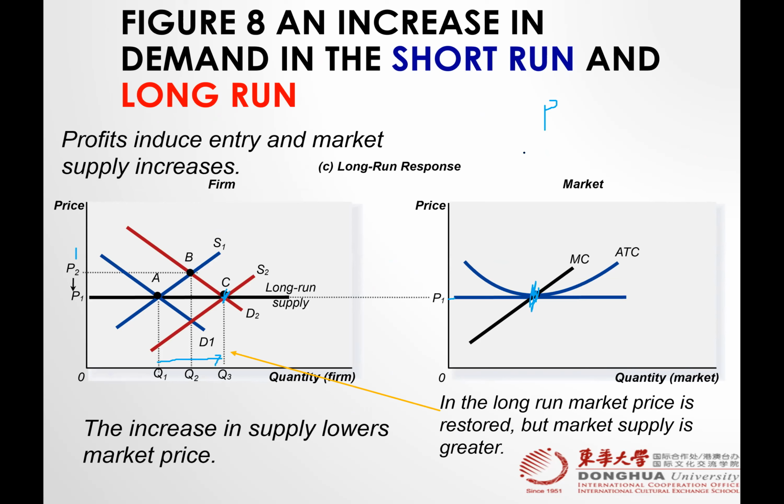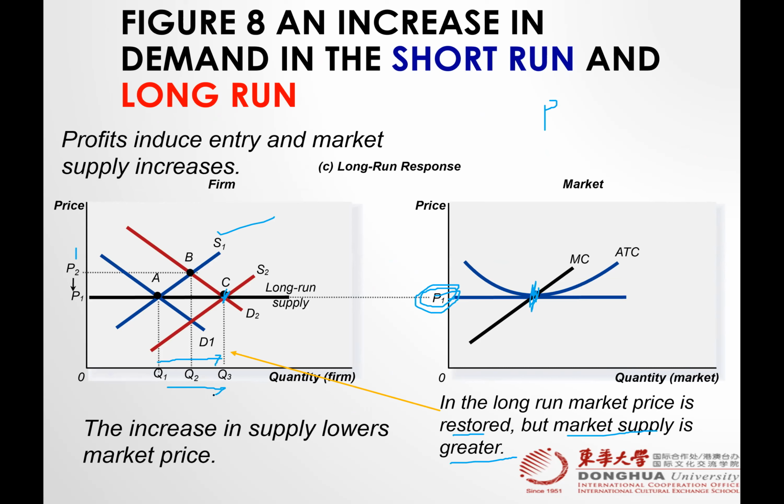When price goes upward, price is greater than average total cost, the entry condition triggers and new firms enter the market. When new firms enter the market, they push the price down because supply has increased. So in the long run, the market price is restored, back to square one, but the market quantity is greater, from Q1 to Q3.